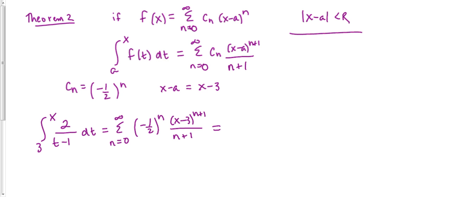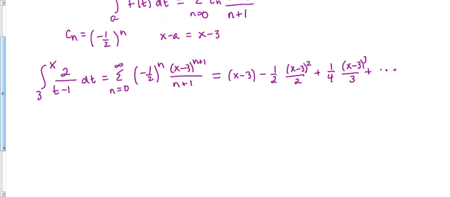We can write out the first few terms: the n equals 0 term is x minus 3. The n equals 1 term is -1/2 times (x minus 3)^2 over 2. The next term is 1/4 times (x minus 3)^3 over 3. Then we can go on to infinity. So this gives us the power series representation.